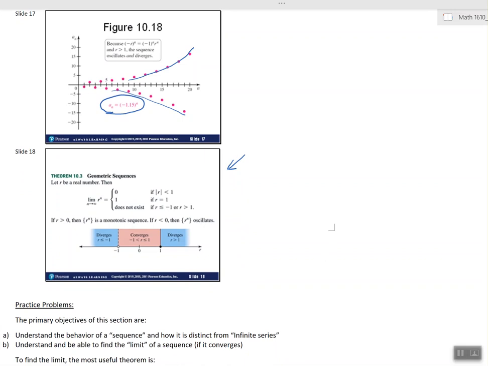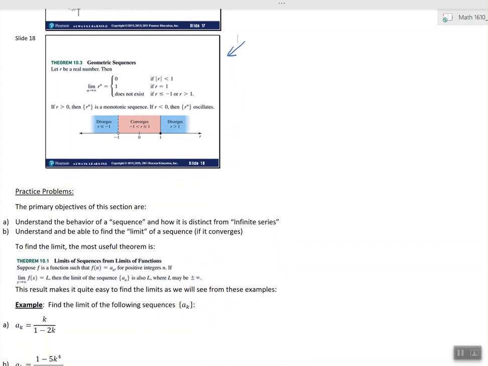Okay, in the next class, we are going to practice problems of finding limits. So let me quickly review that the prime objectives of this section are the following. First thing is to understand the behavior of a sequence and how it is distinct from the idea of infinite series. We'll come to infinite series very soon.